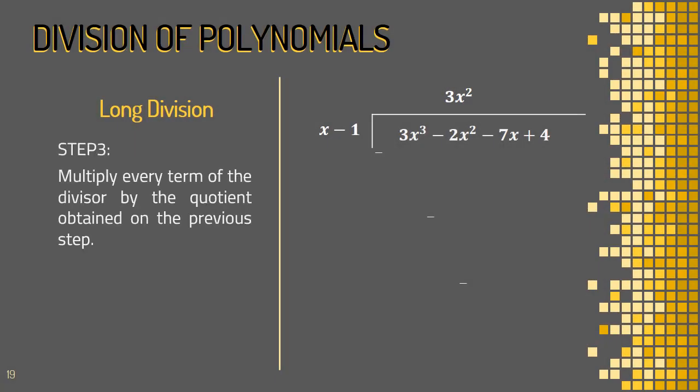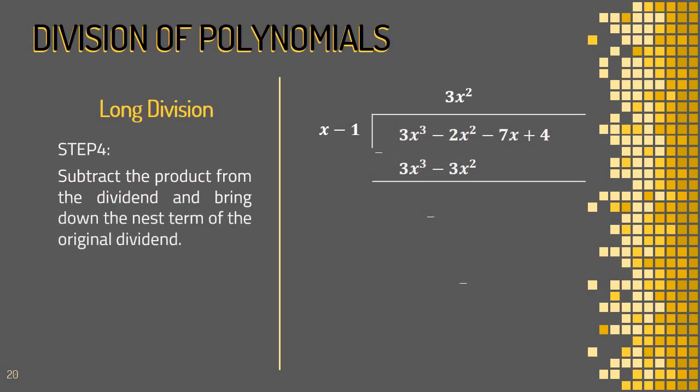Third, multiply every term of the divisor by the quotient that we have obtained. Step number 4, we have to subtract the product from the dividend and bring down the next term of the original dividend.